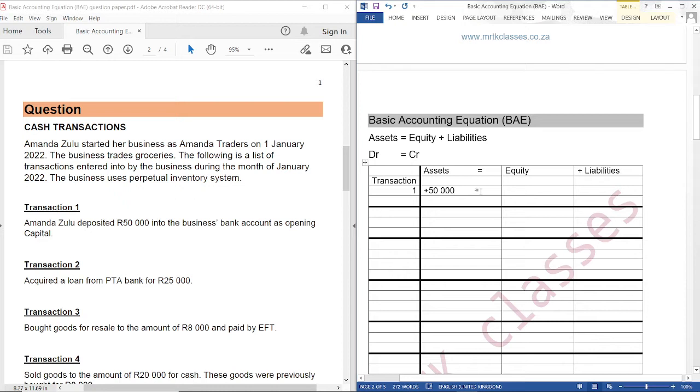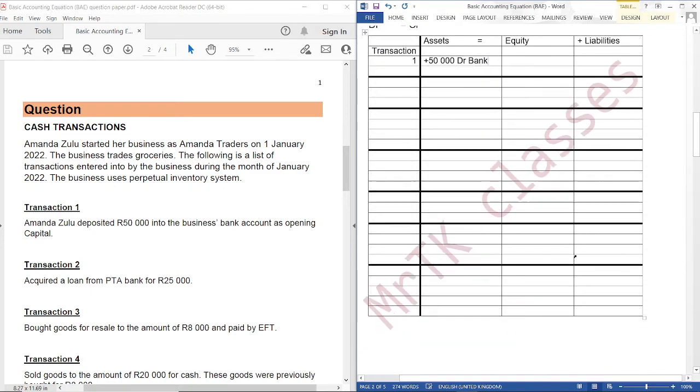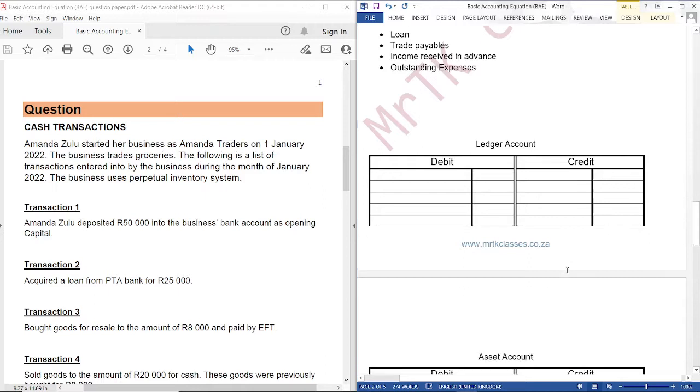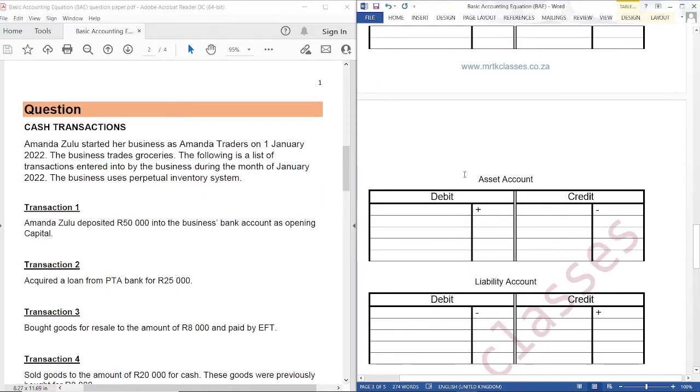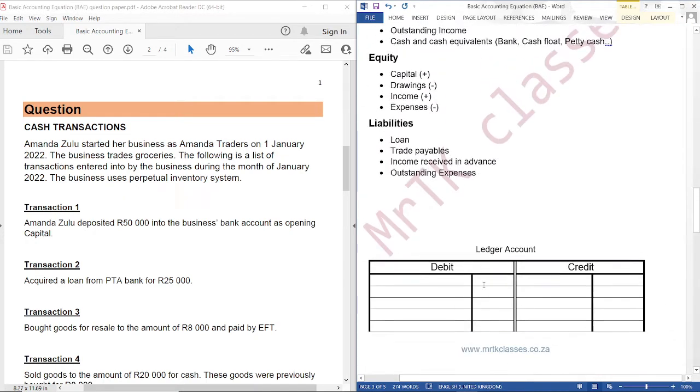Okay, so we are going to debit bank, which means that we are increasing the bank account, which is one of these assets accounts, right?